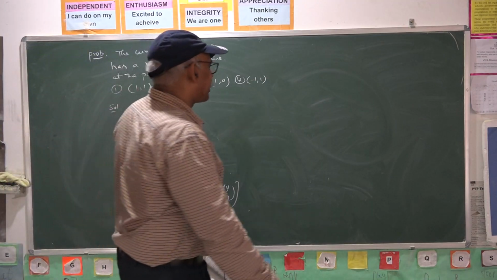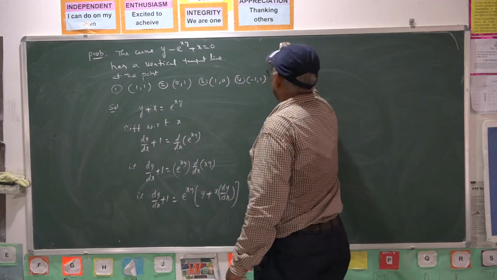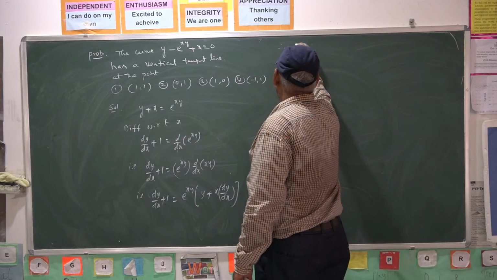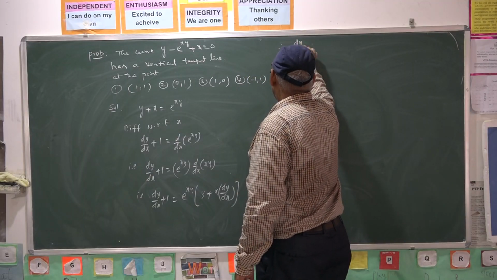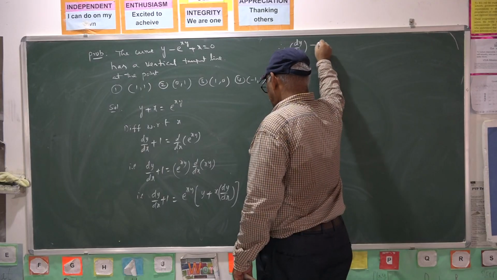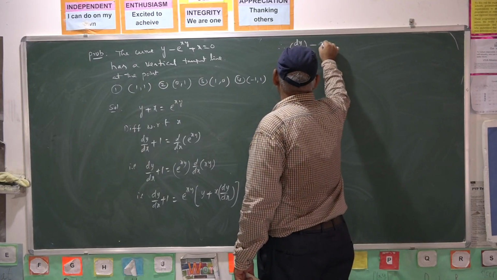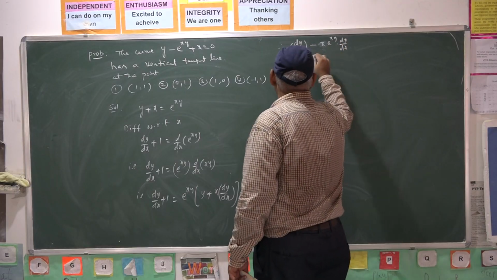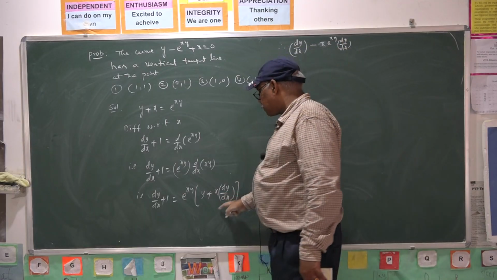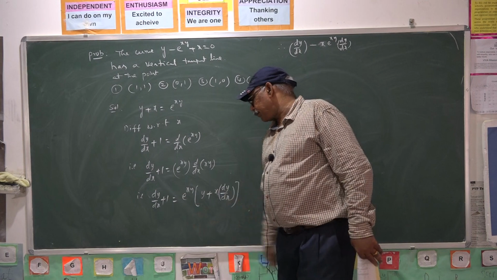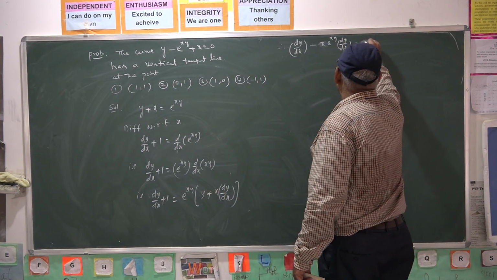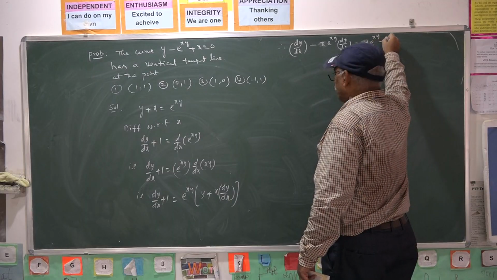Collecting dy by dx terms, dy by dx minus x e power xy into dy by dx. I am taking this product to that side, equal to y into e power xy minus 1.